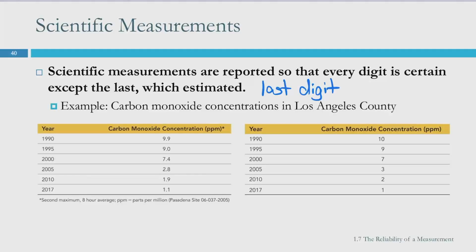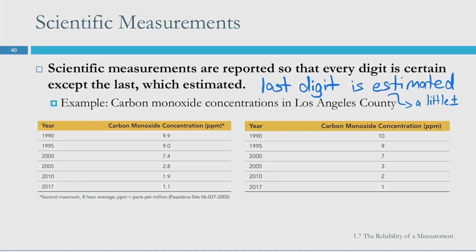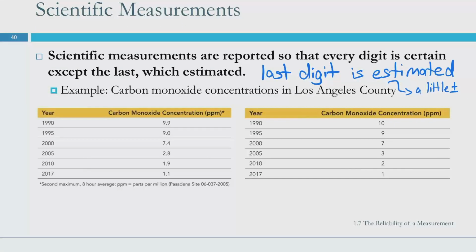The furthest right number is an estimate. So there's a little bit of plus or minus incorporated into that last number.